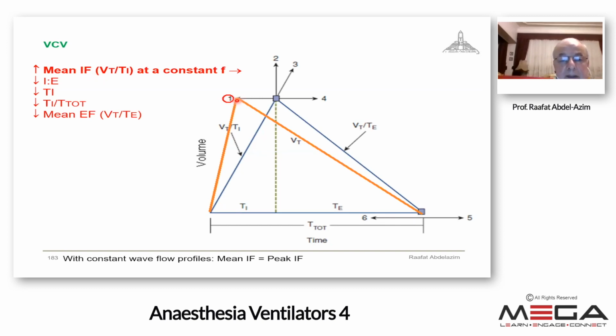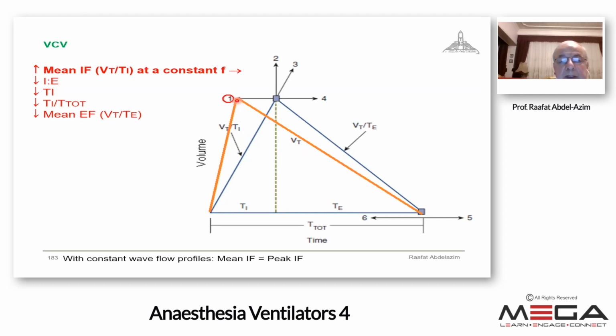The mean means from this point to this point. The inspiratory flow rate peak will be higher, because the slope will be more vertical or steeper. The I:E ratio will change because we shorten the inspiration and prolong the expiration.